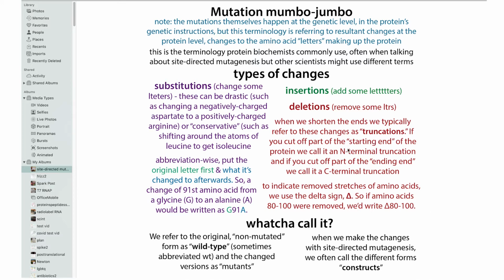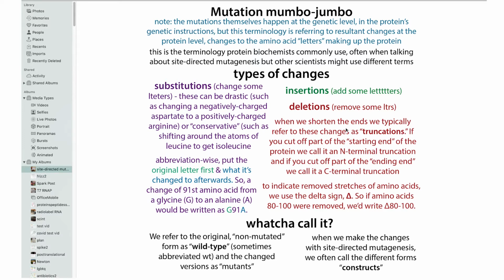So we can also talk about truncation. If we have a truncation at one end, at the starting end, we call it an N-terminal truncation because that's the N-terminus, or you can have a C-terminal truncation where it's the C-terminus.